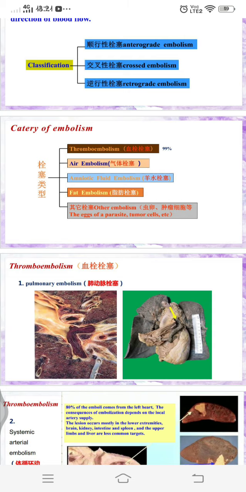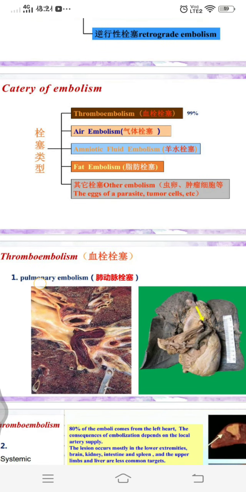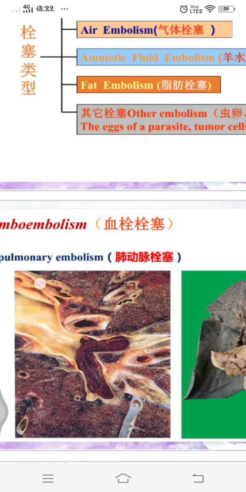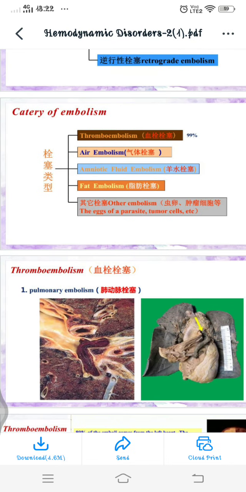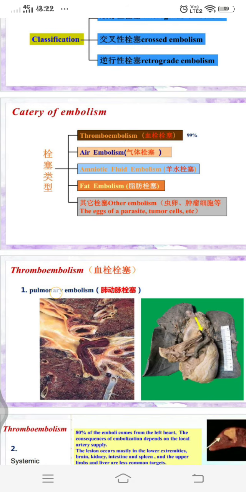As it moves through, you can see it passing through our pulmonary artery, as the pulmonary artery bifurcates into further pulmonary arteries. If it gets stuck at this bifurcation, it is known as a saddle embolus. If the embolus is small enough to pass through this bifurcation, then it is a normal embolus. But whenever it is a big embolus, it gets stuck here and forms a horseshoe shape known as a saddle.